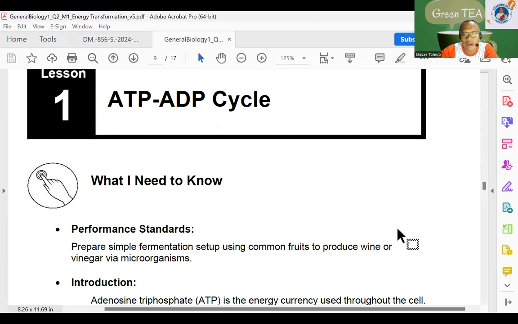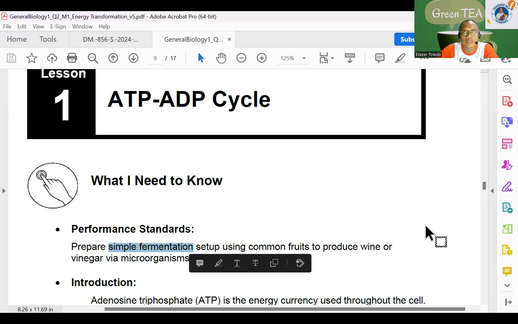Primarily, we do not need to make a wine on this one, but I can just show you how to do a fermentation setup, and what would happen during fermentation. That is up to you.